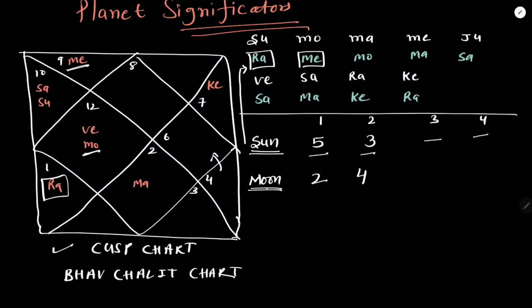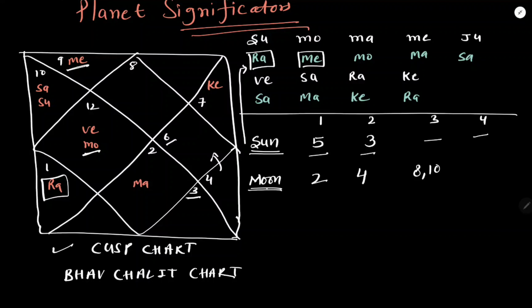Third, it will give the result of the signs of Mercury's lordship. Mercury has 2 signs, 3 and 6. We see third sign, Gemini, is in the 8th house, so we can write down 8, and 6 we can see in the 10th house, so we write down 10 over here.